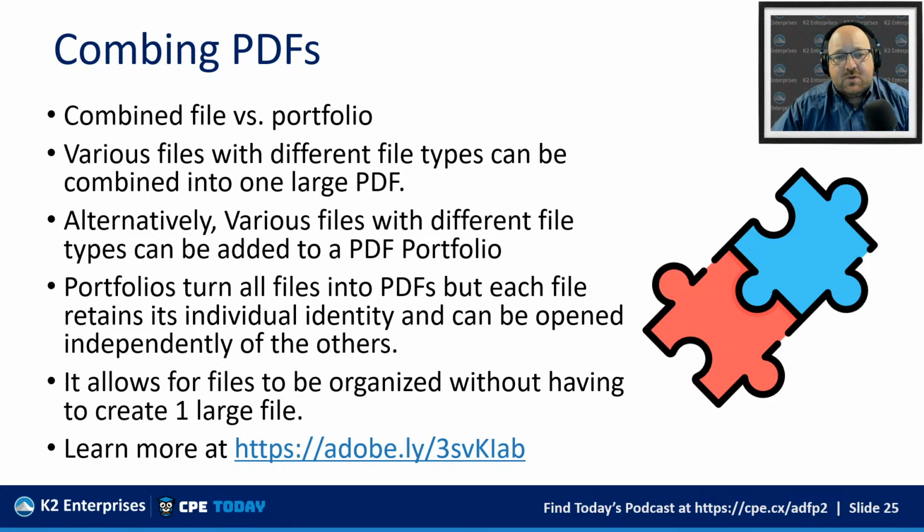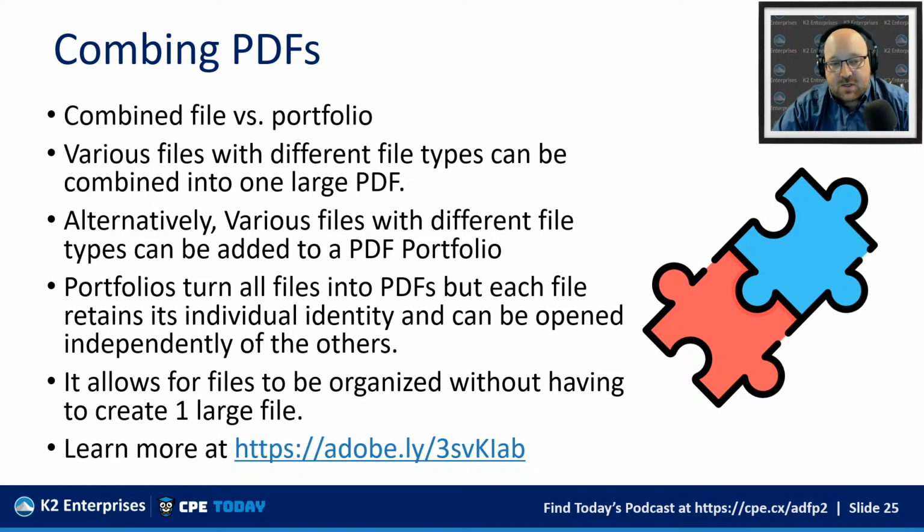Now, you can also do this thing called a PDF portfolio. And in the interest of time, I won't be able to demonstrate this for you, but it is what we call a PDF of PDFs. And when you combine documents, you can either have it continuously flow through one document, meaning page 1 goes to page 2, so on and so forth. And if you were combining 20 pages of one document and 20 pages of another document, you end up with one PDF that is 40 pages.